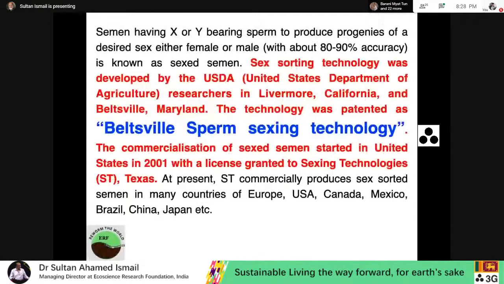Fine. Everything went on well. Suddenly the governments have thought that the bull is a nuisance. Please understand these concepts because I want you to be updated with what's happening in ecology. A new technology, which I have printed in blue, is Bellsville sperm sexing technology. In this technology, people have thought that the bull is a nuisance and not required anymore.